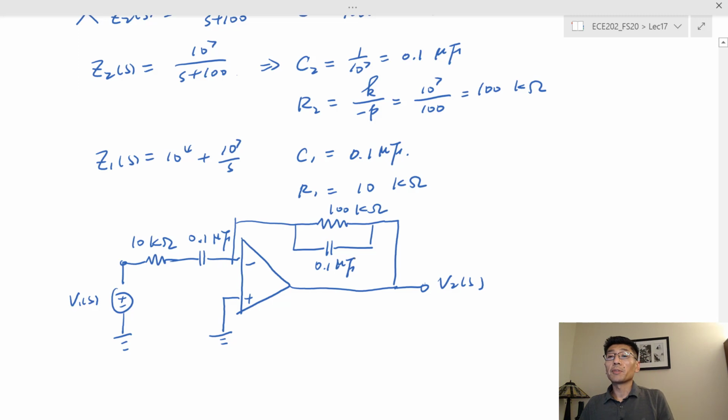And sometimes you can't really realize this with one op amp. You may need multiple op amps. You may need to break the transfer function down as the product of ratios of impedances. In that case, we call them multiple stages, and there are more complicated problems out there. Okay, so here we only introduce this at the very surface level.